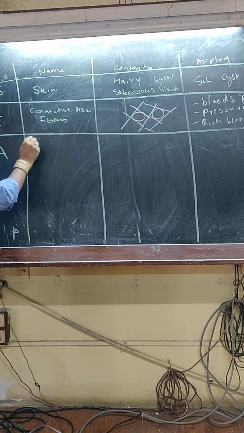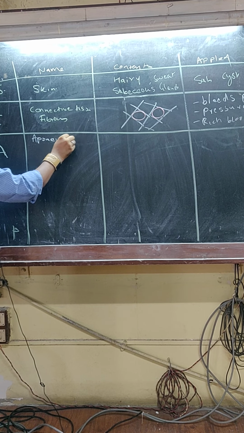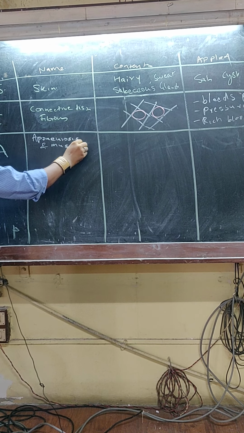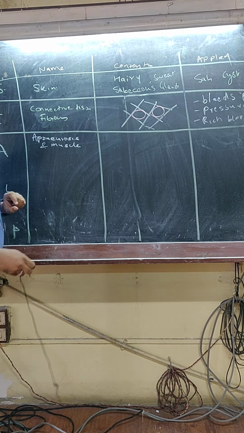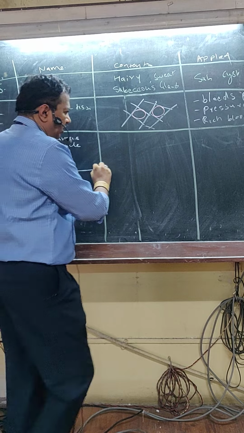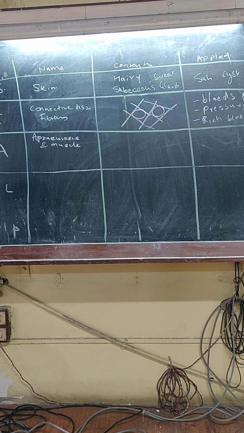Third layer, A for aponeurosis. Aponeurosis and muscle. This aponeurosis is called galea aponeurotica.